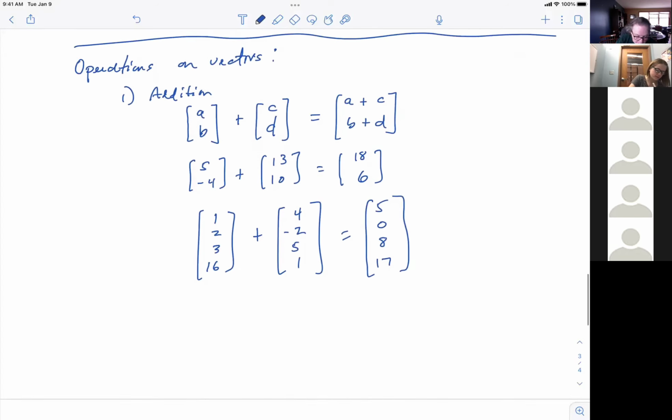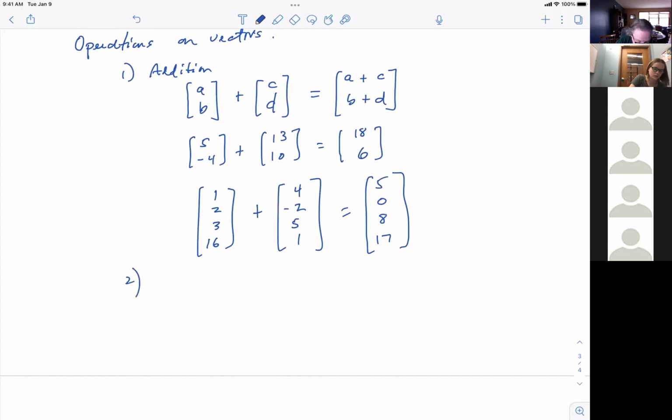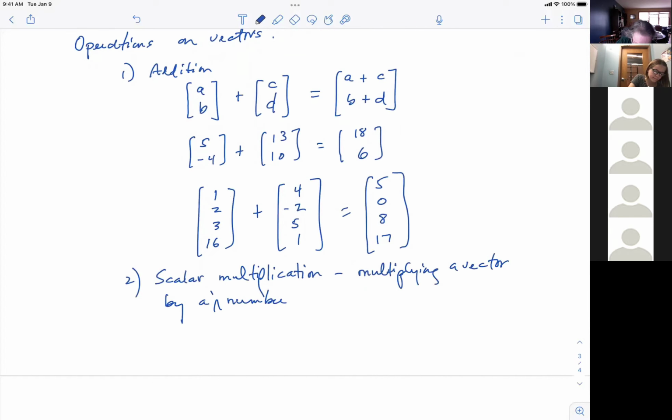Okay. The other operation is what we call scalar multiplication. This means multiplying a vector by a real number.